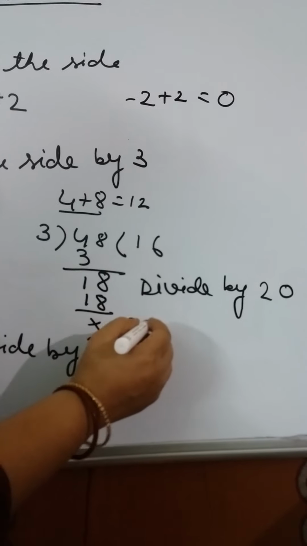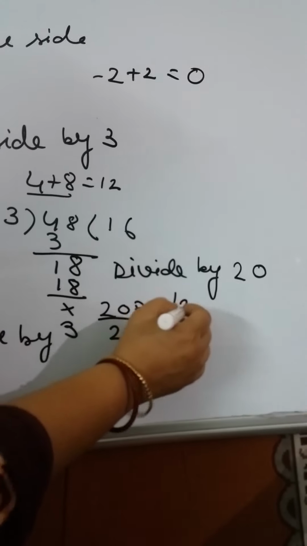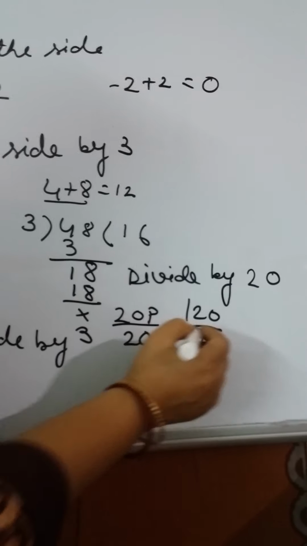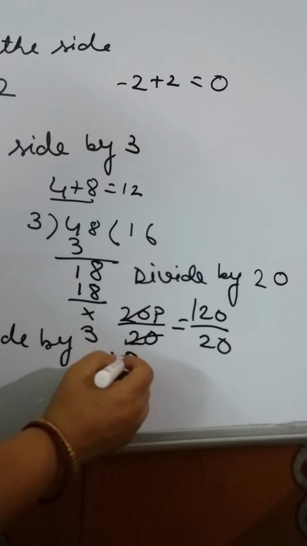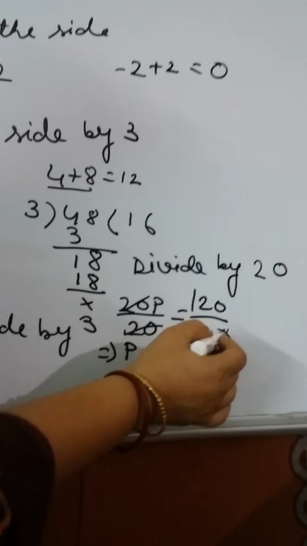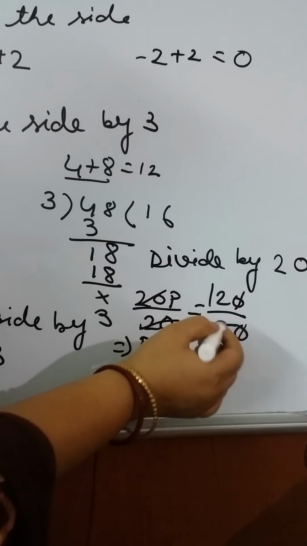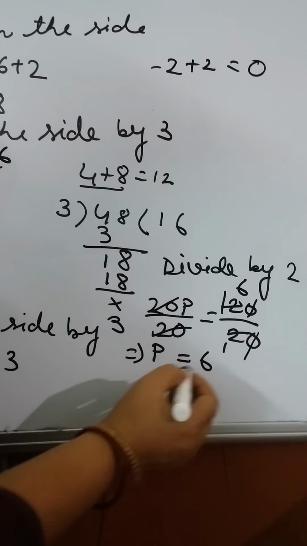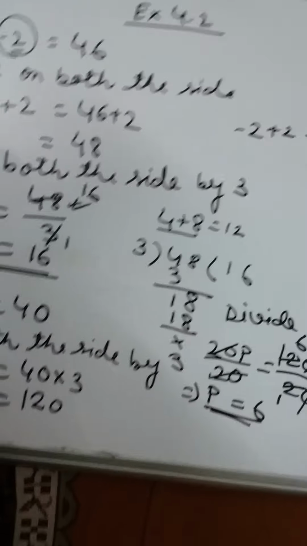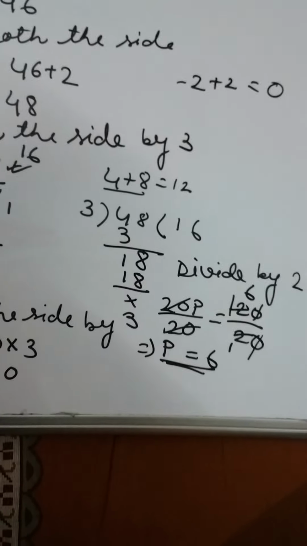So what will I get? 20p by 20 equals 120 by 20. So 20 will get cancelled, p will remain here. Now this 0 will get cancelled, so 2 ones are 2, 2 sixes are 12. So the answer is 6. That means the value of p is 6.